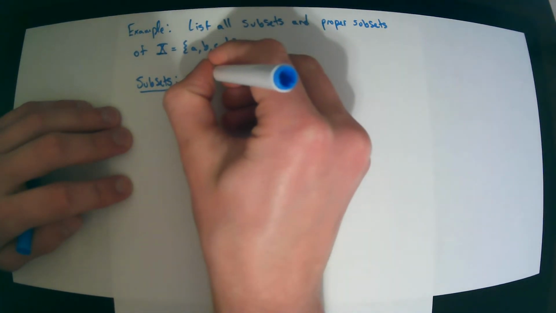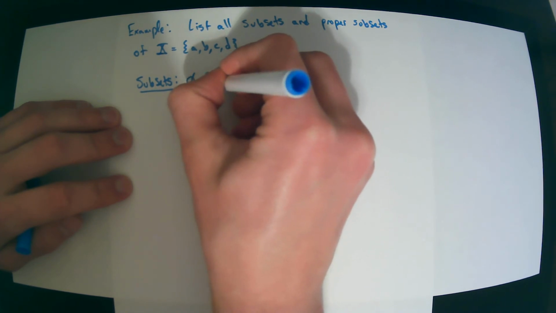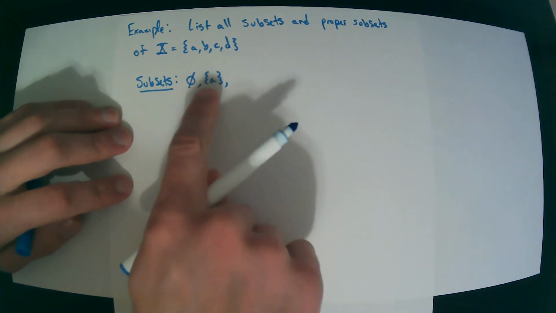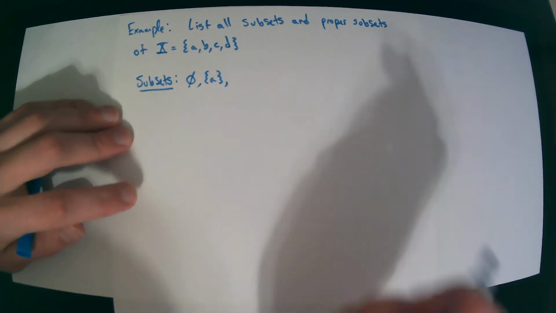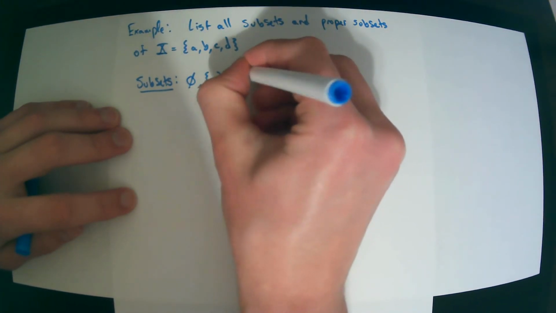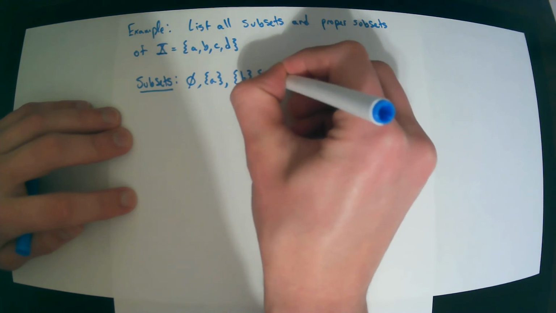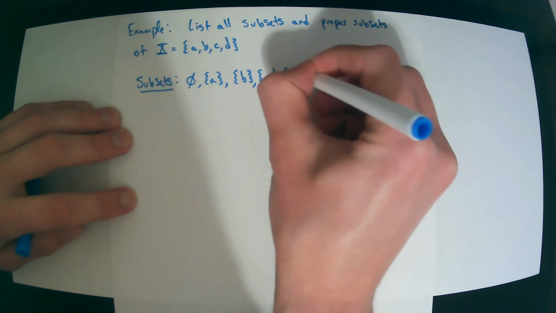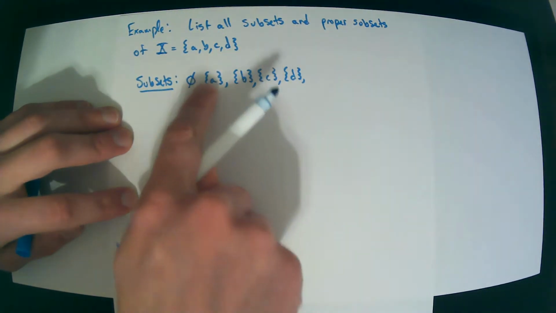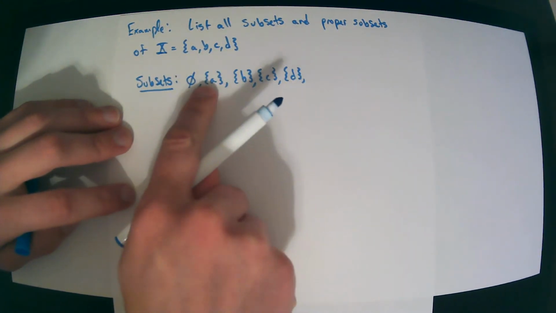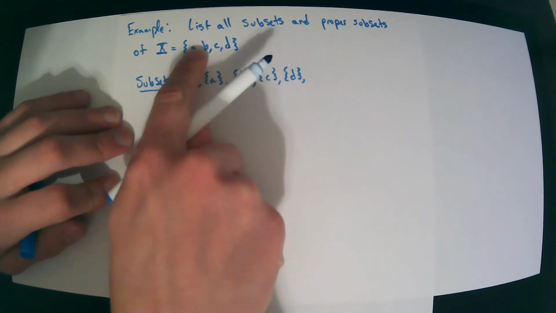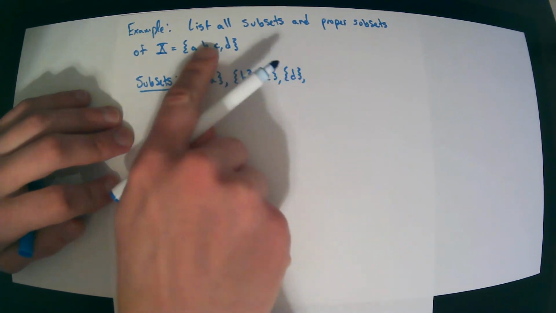What about the singleton sets? Sets with just one element. That's a subset, right? Sure. But then that means all of these are as well. Each of those are elements of the set, so if I put them in a set by themselves, then surely this is a subset of that, as is this, as is this, as is this.